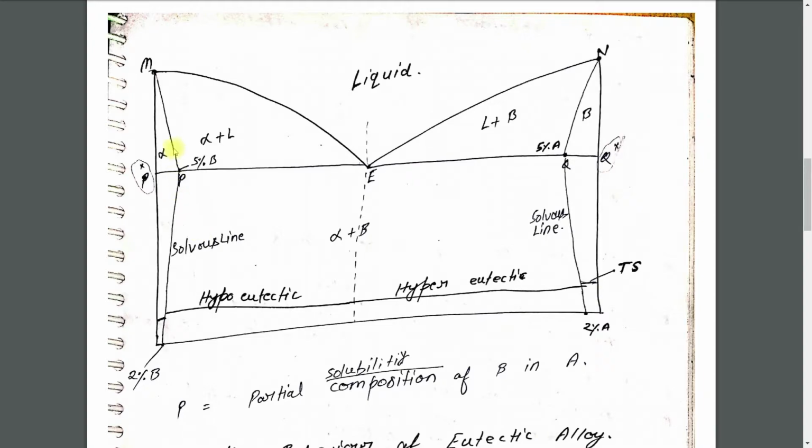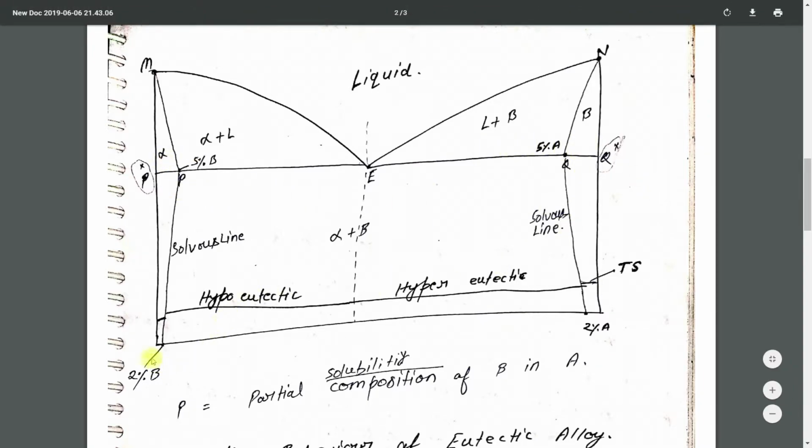As we have already discussed in our previous lesson, M is the melting point of A, and N is the melting point of B. Now we will discuss alpha and beta, not A or B. Earlier, 100% solution was found at A, but in this case it is not 100%: there is 98% A and 2% B in the first step, and similarly here A is 2% and 98% is B.